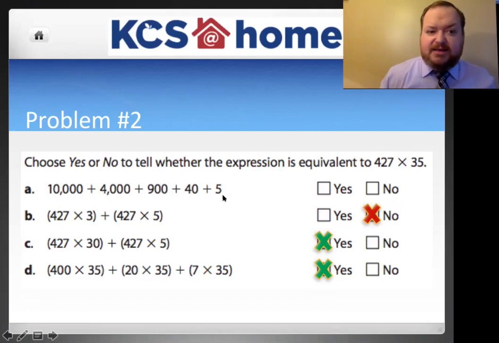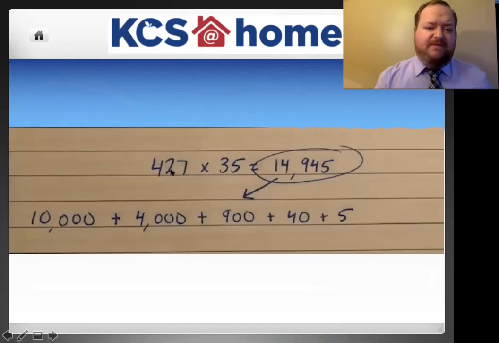That makes me think about expanded form. Going back to our answer when we multiplied 427 times 35, we got 14,945, and that's what they did in letter A. They're breaking apart the answer, the product, into expanded form.